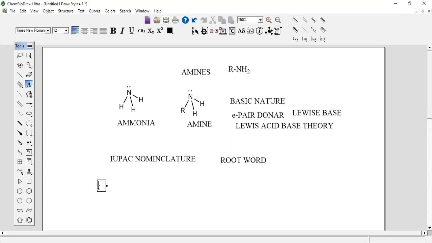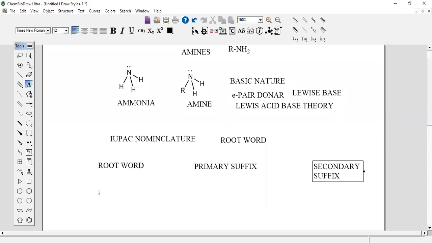One is the root word, another is the primary suffix, and another is the secondary suffix.